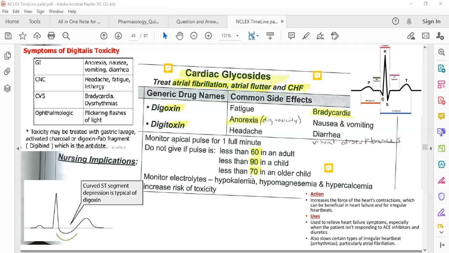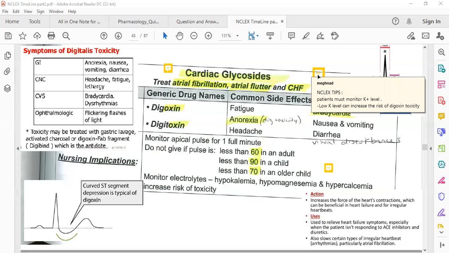When we monitor, we must monitor the potassium level, because a low potassium level can increase the risk of digoxin toxicity. So potassium level monitoring is super important. Low potassium can increase the chance of digoxin toxicity.